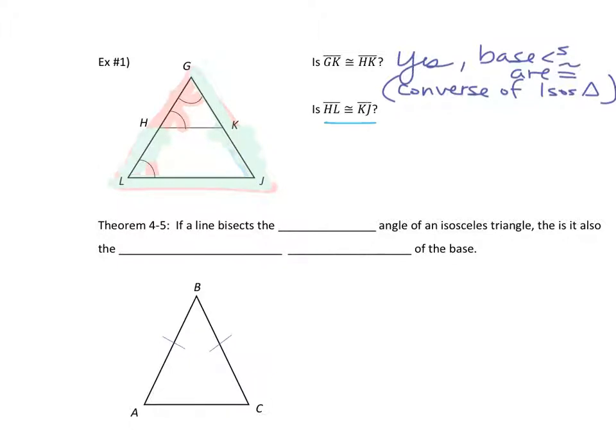So in this case, when it asks you, is HL congruent to KJ? We don't know, but we're just going to say not necessarily, because they could be. We don't really have enough information to say they are or they are not, but not necessarily because they're not corresponding parts of isosceles triangles.